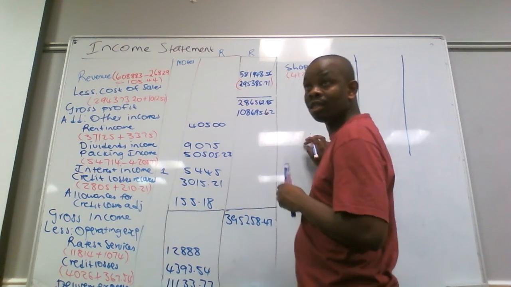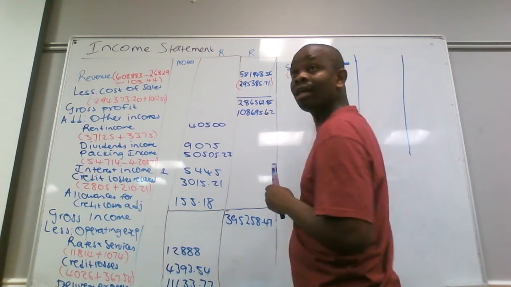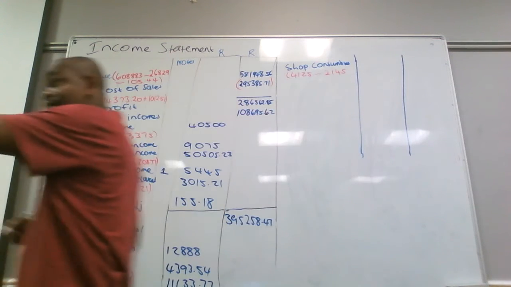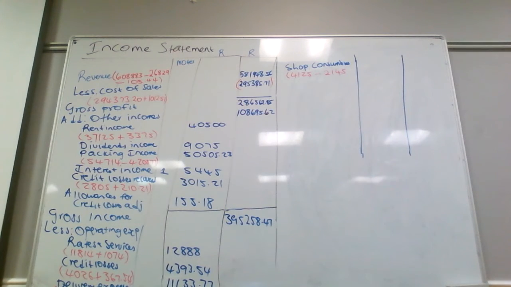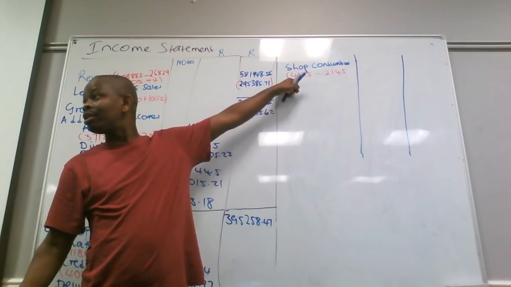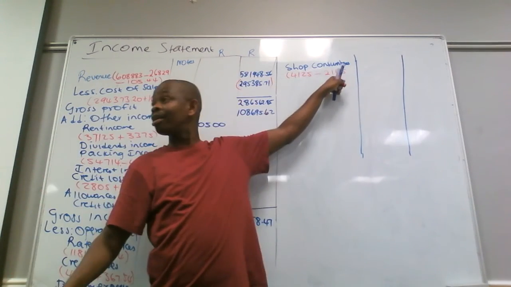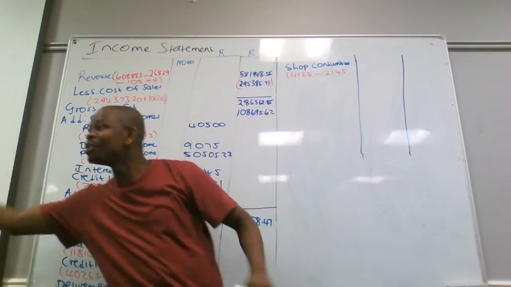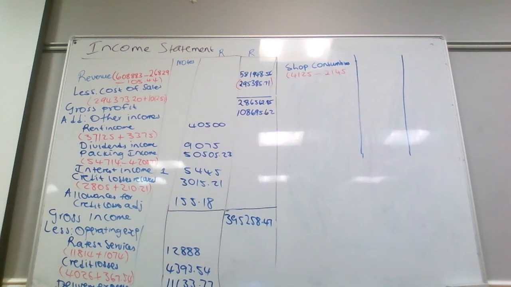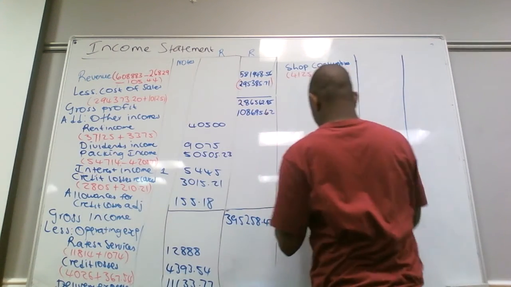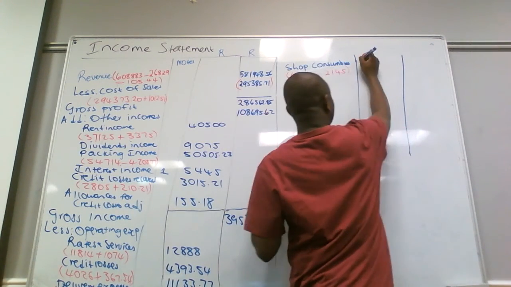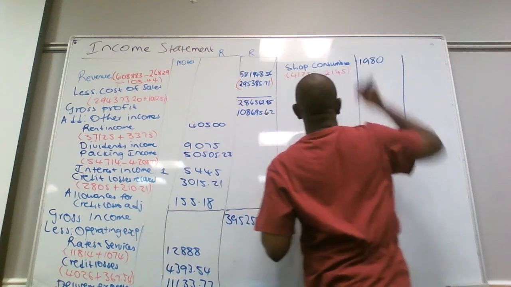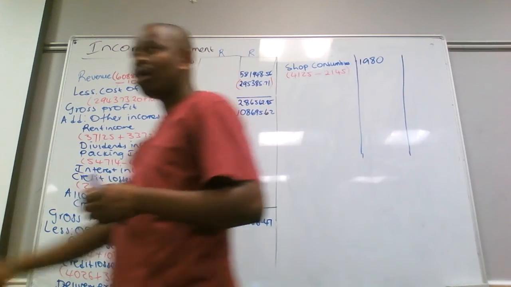Add or minus? Always minus. On hand less, always, because we need the one that we have used. We begin with how much? We are left with the difference that has been used. It's an expense. Be careful, guys, on that. How much? 1980. Perfect.